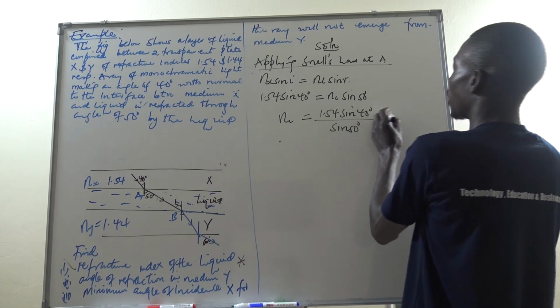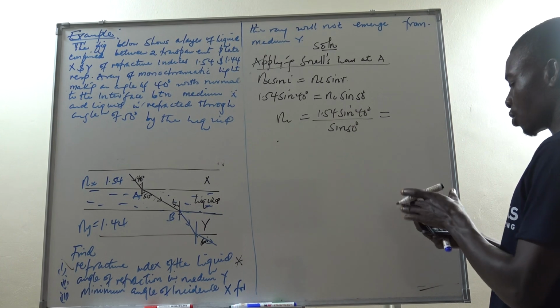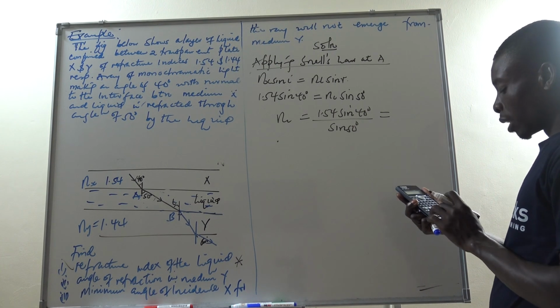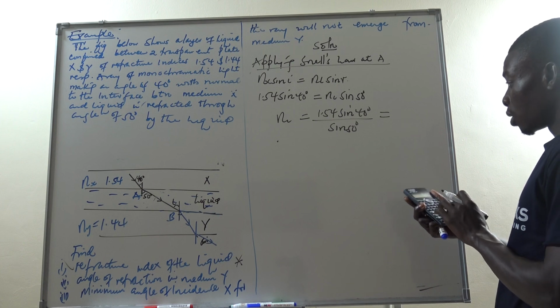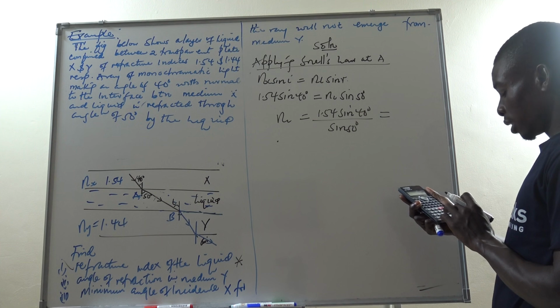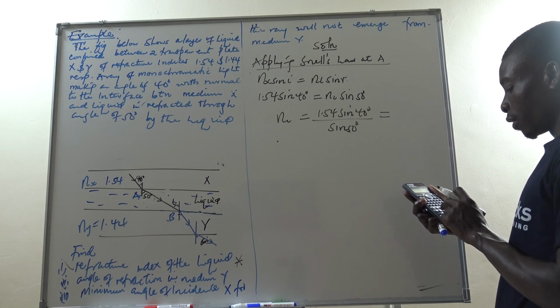Therefore, you can pick your calculator there and press 1.54 times sine 40 divided by sine 50.